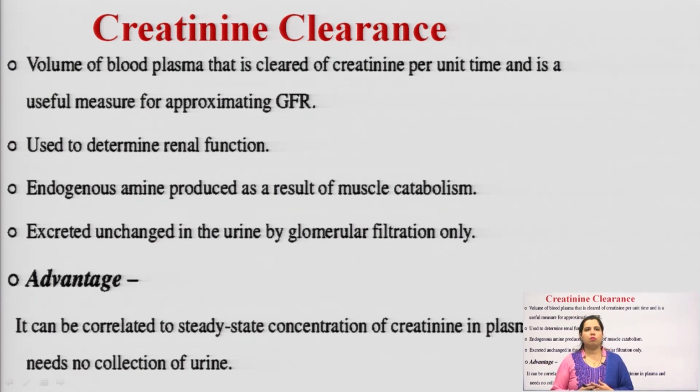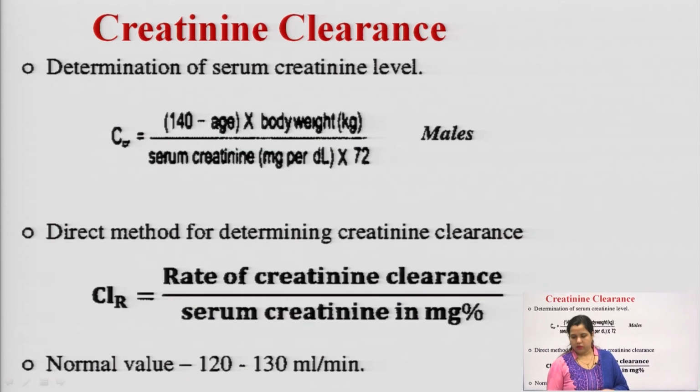Creatinine is an endogenous amine produced as a result of muscle catabolism and excreted unchanged in the urine by glomerular filtration only. So, the advantages are that it can be correlated to steady state concentrations of creatinine in plasma and needs no collection of urine. Basically, we can identify the steady state concentration from plasma itself, with no need to collect urine at different time intervals.